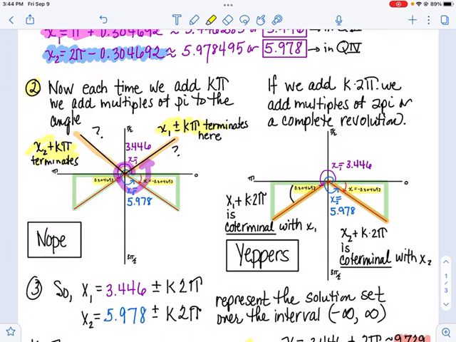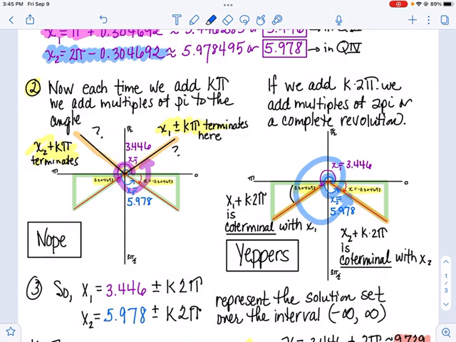If I go all the way around and add 2 pi to that, that'll put me back at the same coterminal place, making the original angle look like that. Okay? So that is our answer.